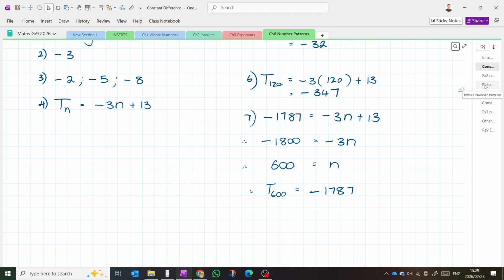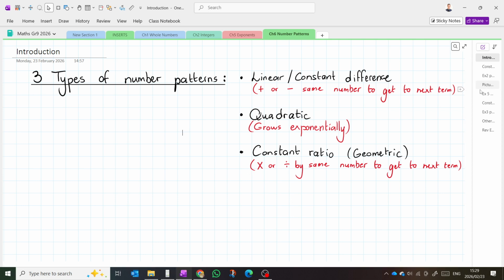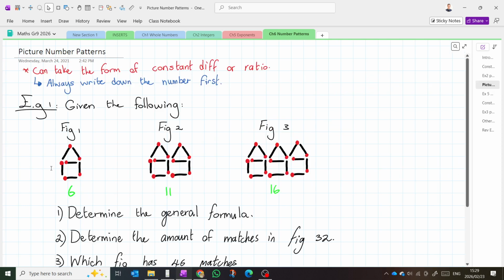Okay? I haven't spoken about picture number patterns, I will just briefly talk about it, but it will be in the next video. But any of your number patterns, be it your linear, your quadratic, or your constant ratio, can come in picture format, in which they give you figures.